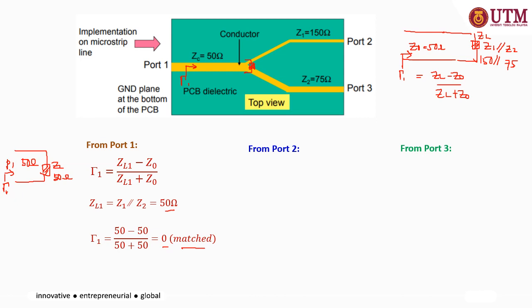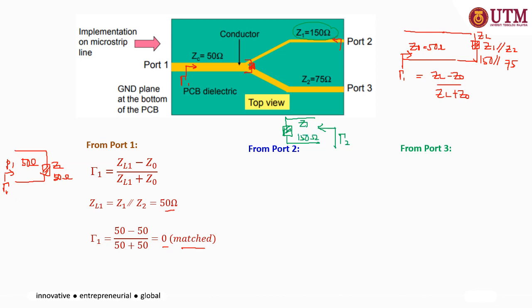Viewing from port 2, we have gamma 2. The line impedance for port 2 is Z1, equal to 150 ohm.